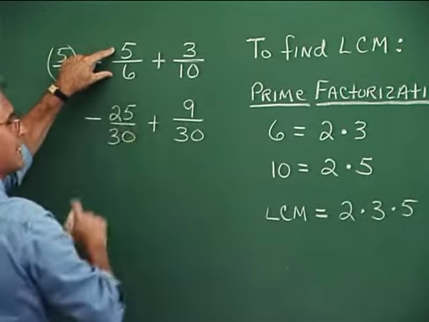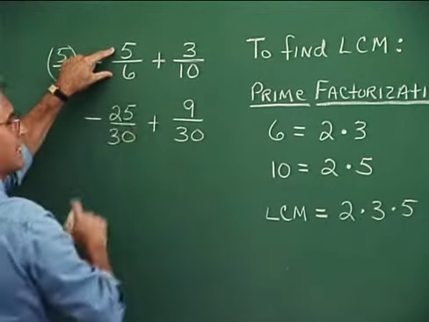And now, negative 25 plus 9, signs are different. So take the 9 from 25, we get 16, and attach the sign of the larger one, so it's negative. So negative 16 over 30, which we reduce to 8 over 15, negative 8 over 15.